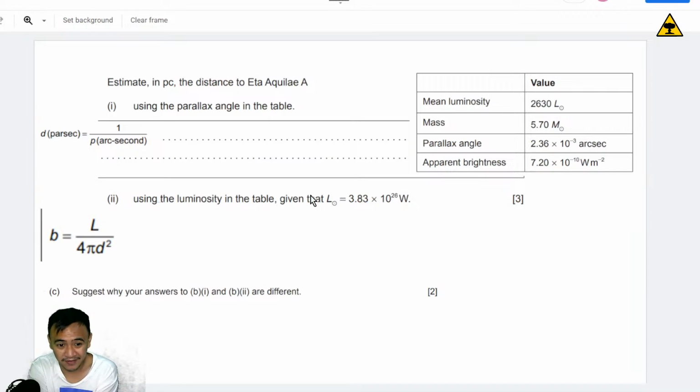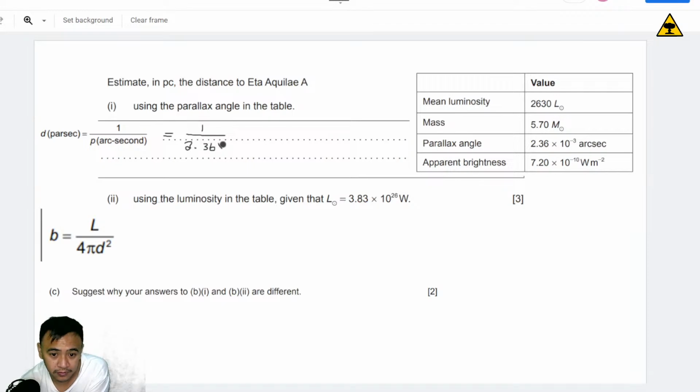Maybe you put 3 instead of negative 3 for the exponent of 10. Times 10 to the power of negative 3.